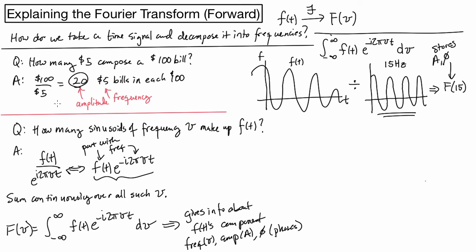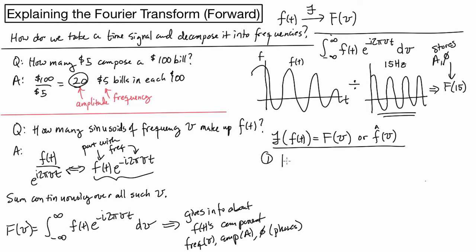What are some of the other points to this? Well, if I'm looking at the Fourier transform of a function f of t, our notation for that is capital F, just like it was capital L for the Laplace transform. So capital F of nu, or sometimes the notation with the little hat symbol is used as well, so be aware of that. And just some remarks that I have about that.